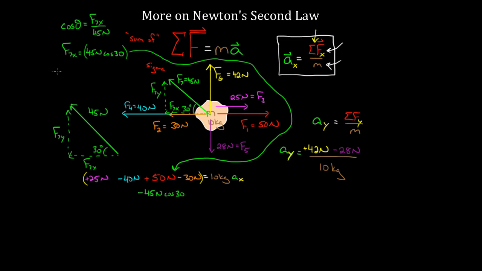And now for the y direction, we can use the definition of sine of theta. Sine of theta is opposite over hypotenuse. In this case, the opposite is F7 in the y direction, over the hypotenuse, which is the total vector, 45 newtons, the magnitude of the total vector. So we get that F7 in the y direction is going to be 45 newtons times sine of 30 degrees.